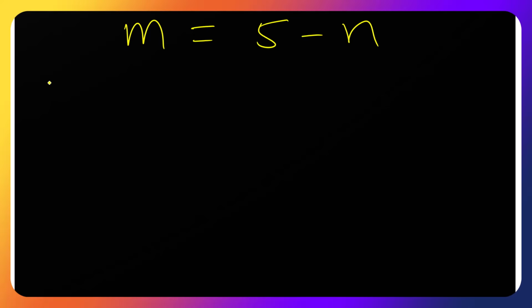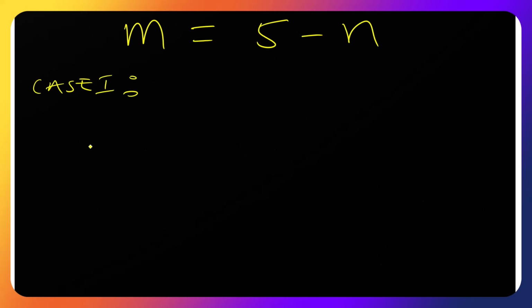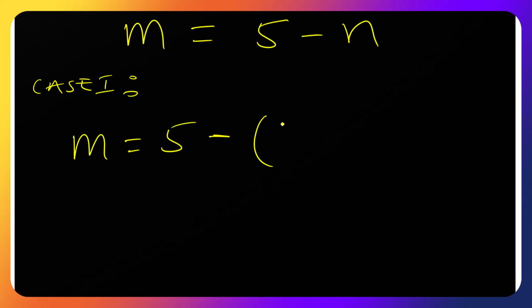Case 1: when n is 5 plus root 13 on 2, we have m equals 5 minus (5 plus root 13 on 2).